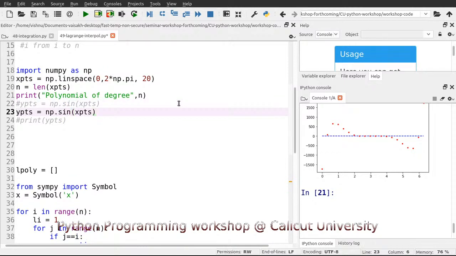Mod x is not very NumPy, but that's not very good. Let us take x square instead of that. Okay, we just take xpts square. I guess that this should work.